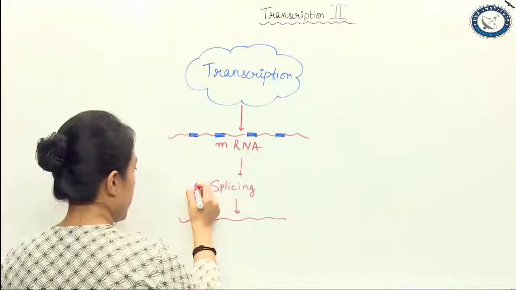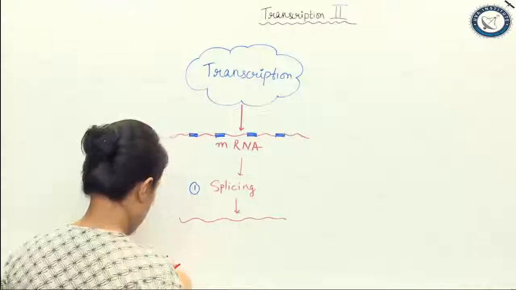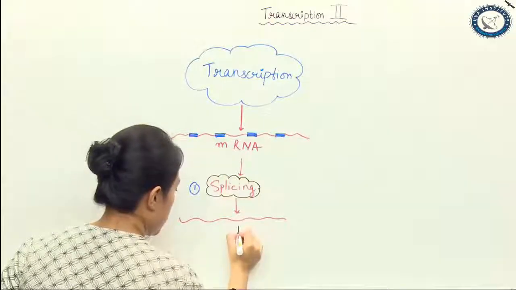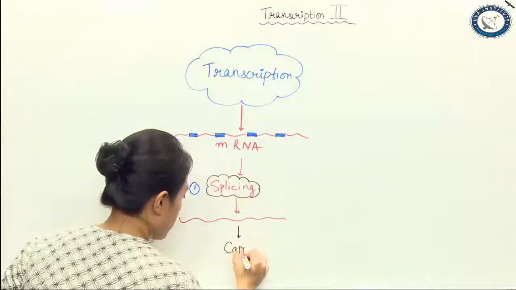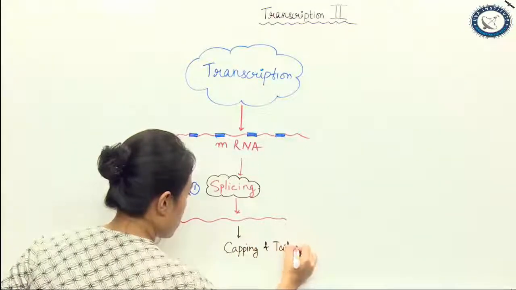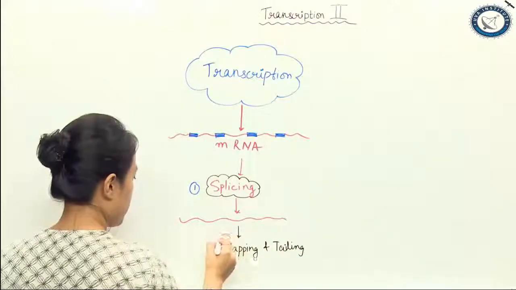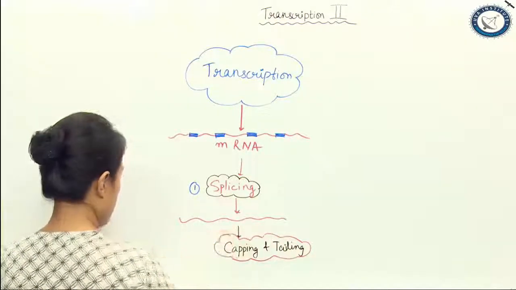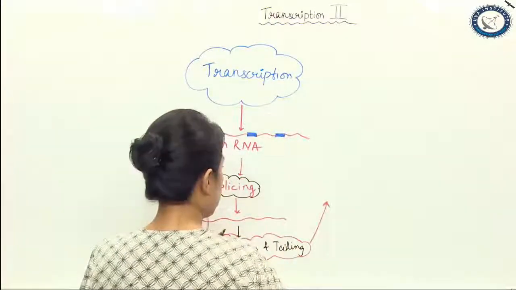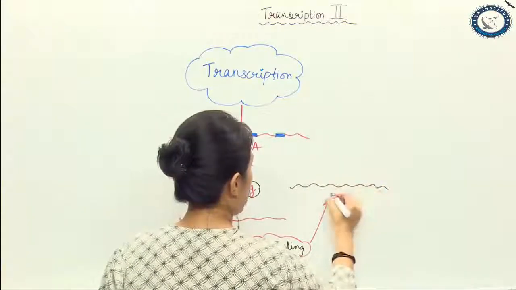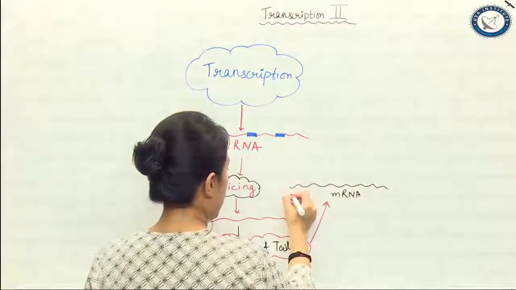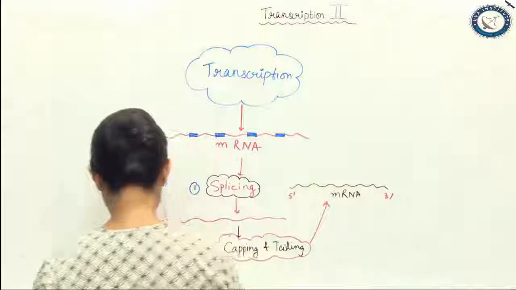First I did splicing, second I went for capping and tailing, and finally what I get is a completely, fully processed mRNA, and at the 5' end and at the 3' end capping and tailing has been done.